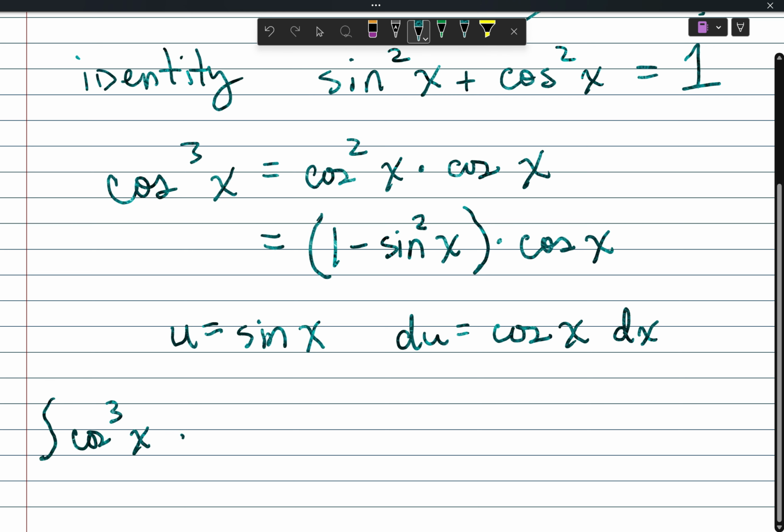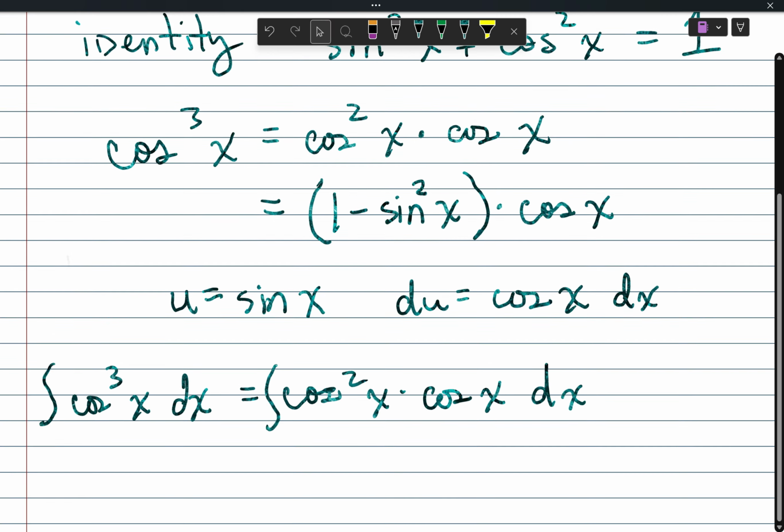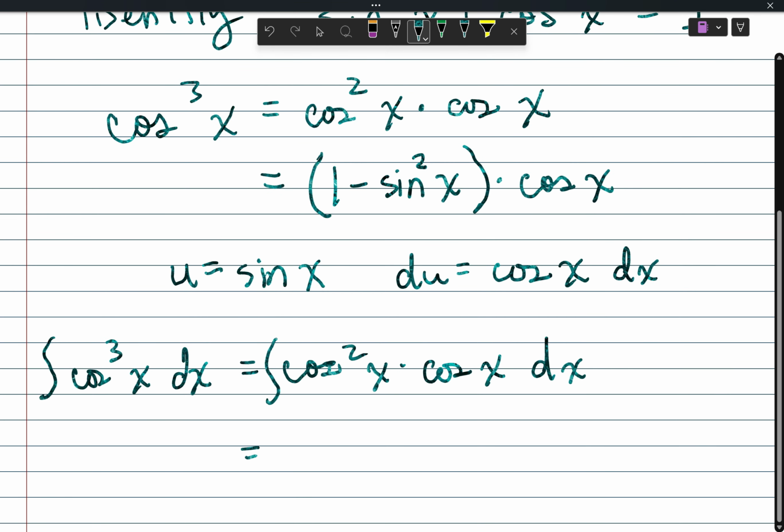In writing this over, we have the integral of cosine squared x times cosine x dx, and it's going to equal the integral of 1 minus sine squared x times cosine x dx, since we had already shown above how we can make this substitution.